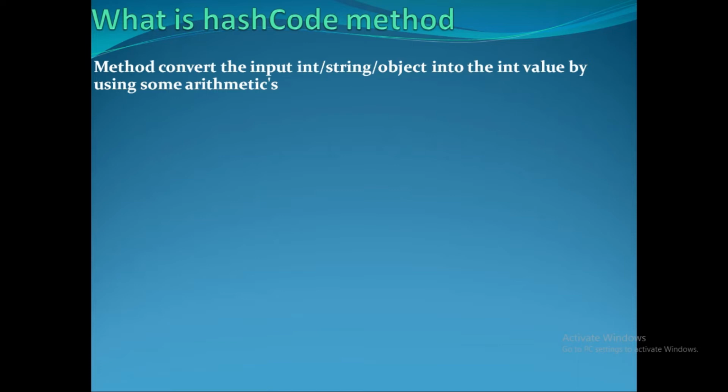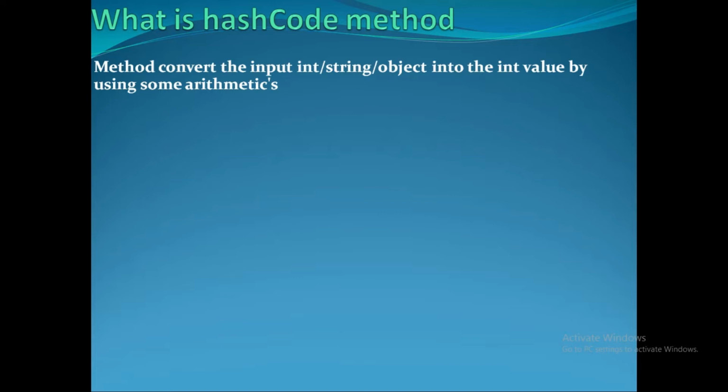Int, String and char here are primitive data types, but since Java wants to represent everything in object-oriented form, we have wrapper classes, like Integer, String, Character. In these wrapper classes the hashCode method is already available, so we need not worry about that.